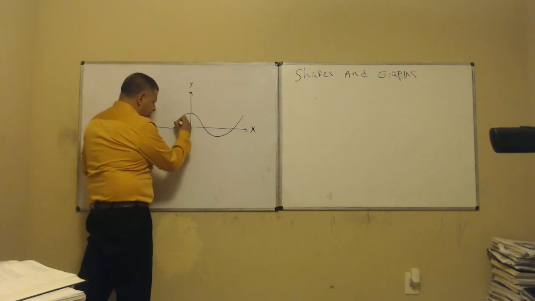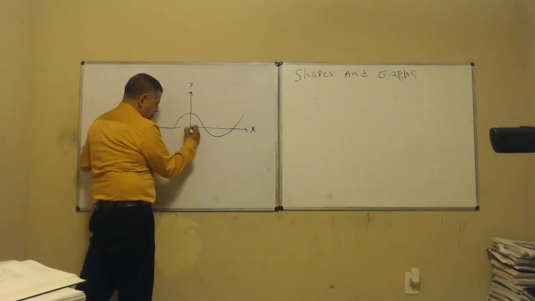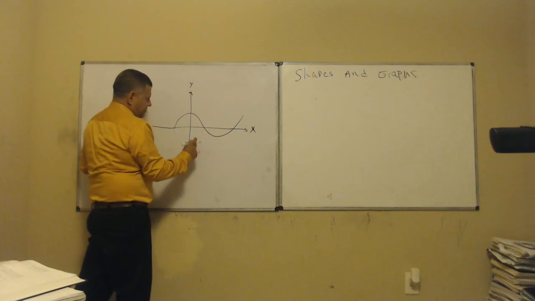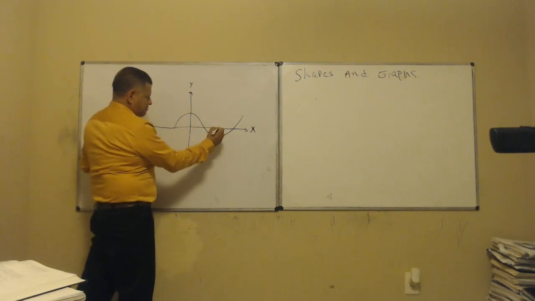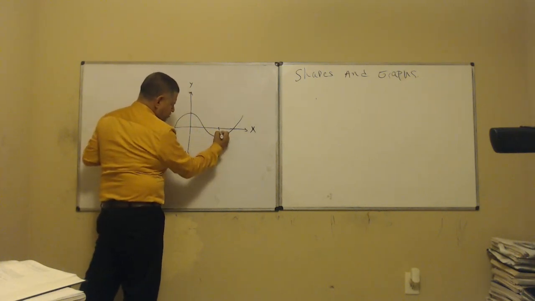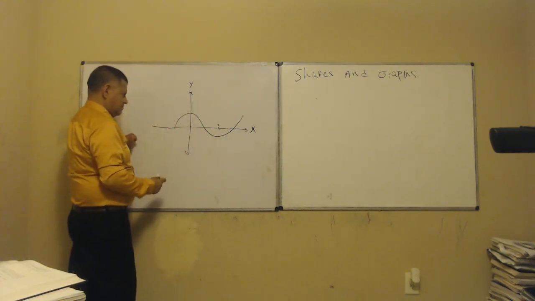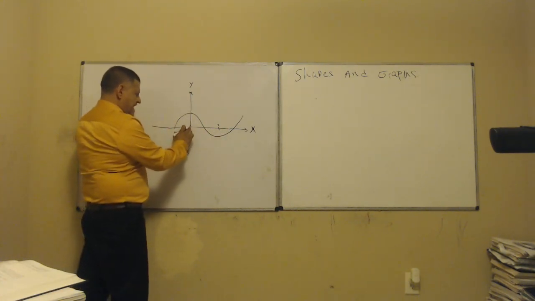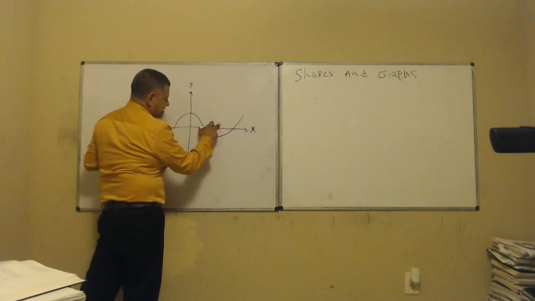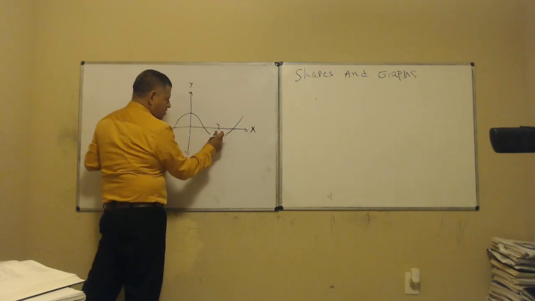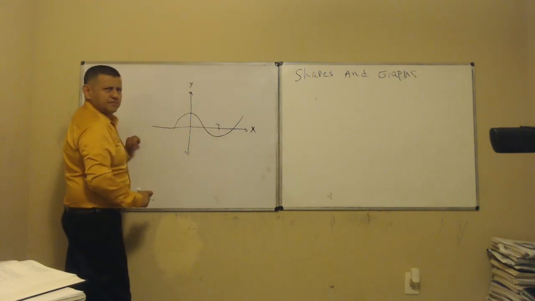And I can see that this graph has some points, right? Based on 0, I got this. Based on 2, for example, I got this. When x is 0, y is maximum, and when x is 2, y is minimum.